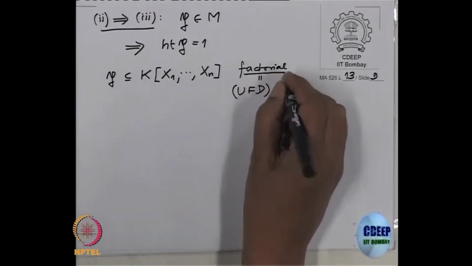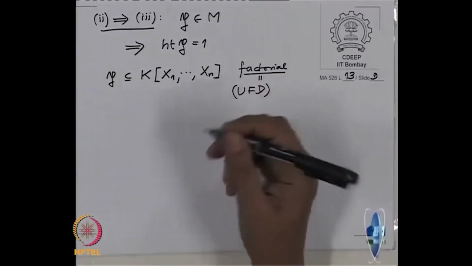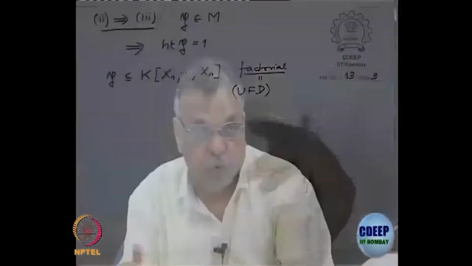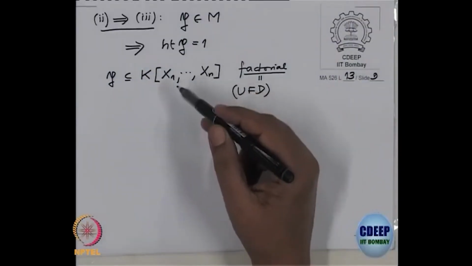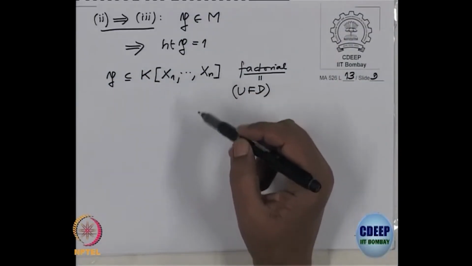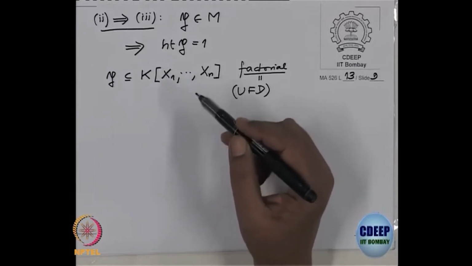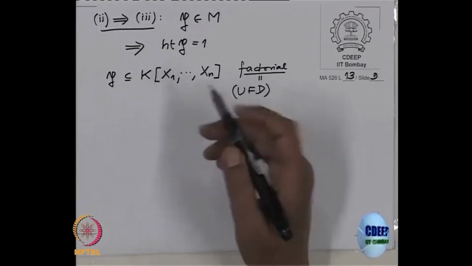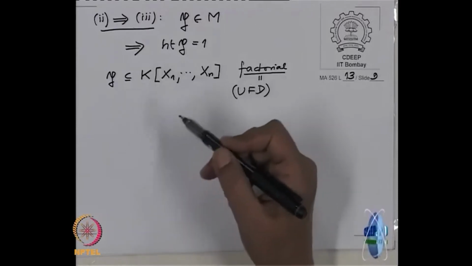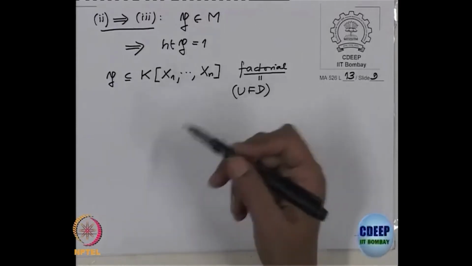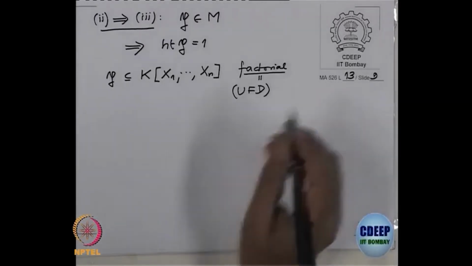Another usual word used for unique factorization domains in algebraic geometry, especially, is factorial. So, this means every non-zero, non-unit has an irreducible decomposition, and any two irreducible decompositions are essentially unique. That means the number of factors, and they are unique up to order and unique up to units. So, I am going to use that fact.